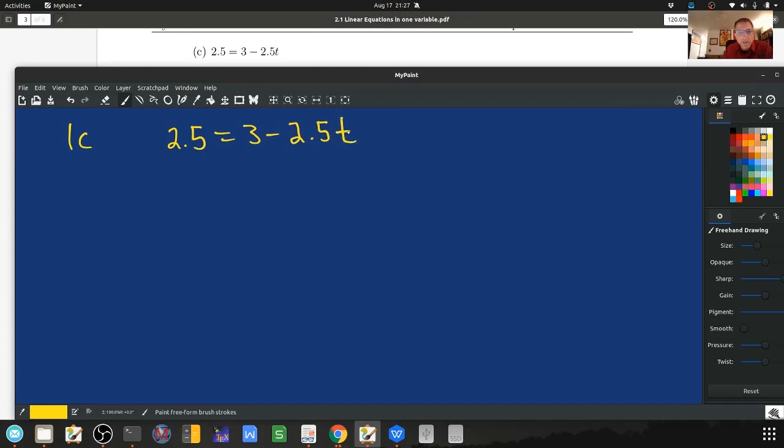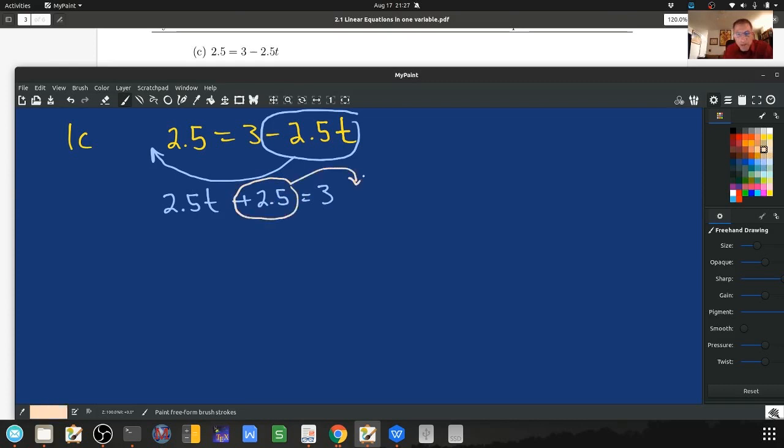exactly as they are. So this is a linear equation in the variable t. So again, it's my preference always, when my variable term has a negative coefficient, I want to move it to the other side. So that gives me 2.5t plus 2.5 is equal to 3. Now I'm going to move my 2.5 term to the other side. Why? Because I want to isolate my variable term.